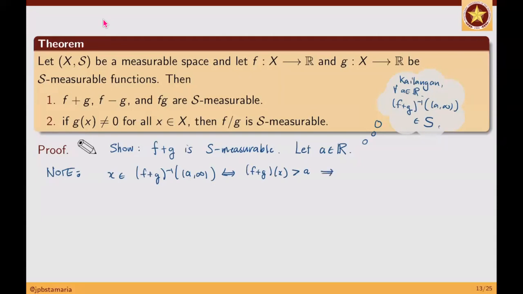By definition, ano bang F plus G of X? By definition, that's the sum of F of X and G of X that's greater than A. So this is the trick. The trick is to put G of X on the right.